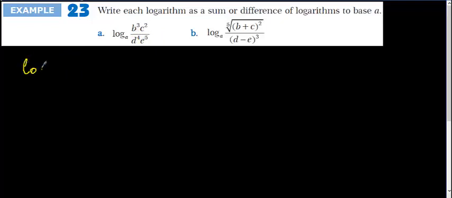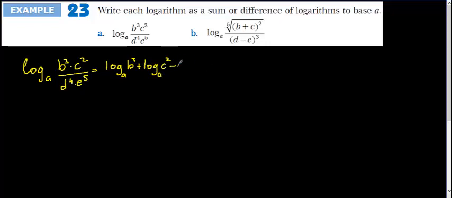So logarithm base a of b cubed c squared over d to the 4 e to the 5 is going to be equal to logarithm base a of b cubed plus logarithm base a of c squared minus logarithm base a of d to the 4 minus logarithm base a of e to the 5. What is written in the numerator gets a plus sign, and what is written in the denominator gets a minus sign.